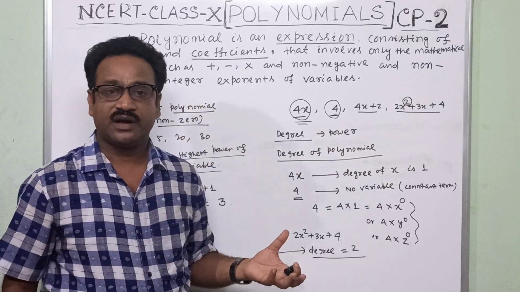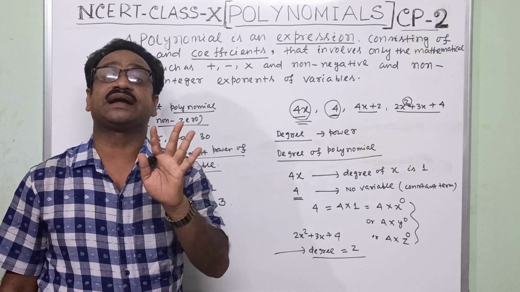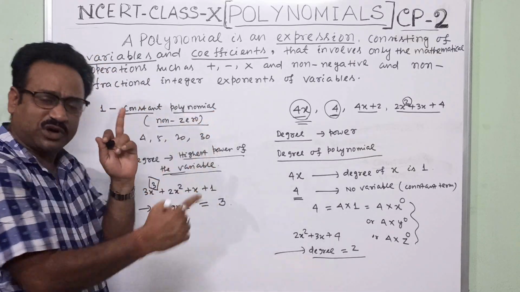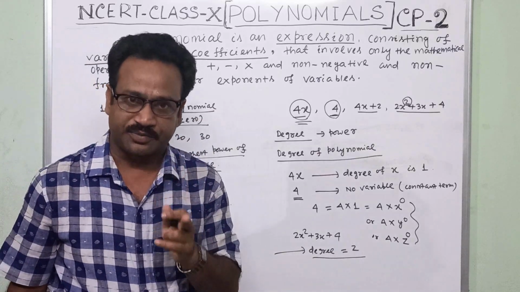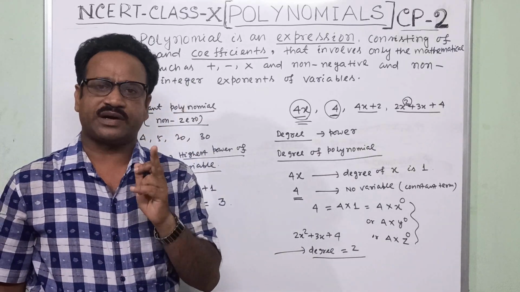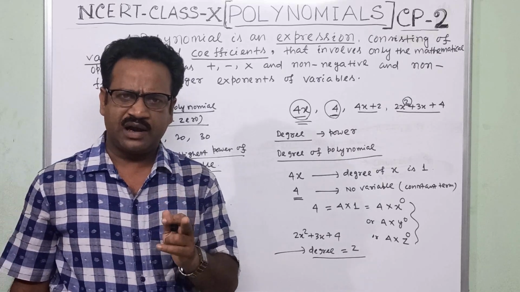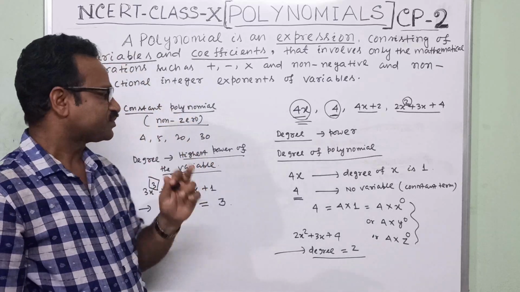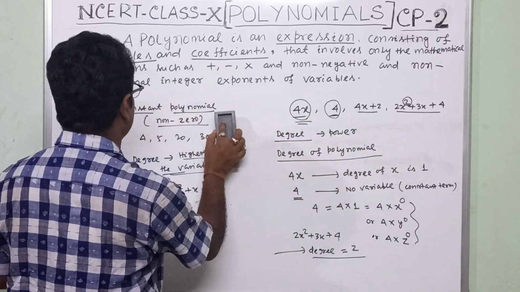Using this degree, we have divided polynomials into 5 major categories. Number 1, already told, non-zero constant polynomial. Number 2, linear polynomial. Number 3, quadratic polynomial. Number 4, cubic polynomial. Number 5, bi-quadratic polynomial.